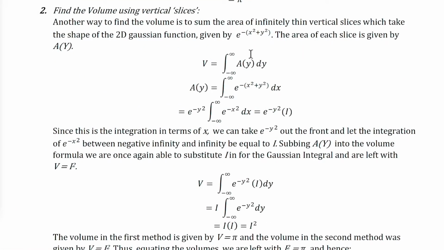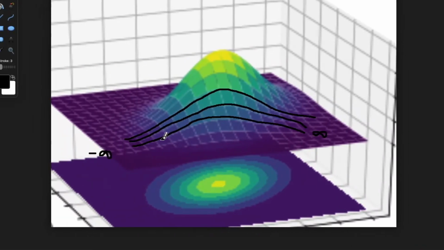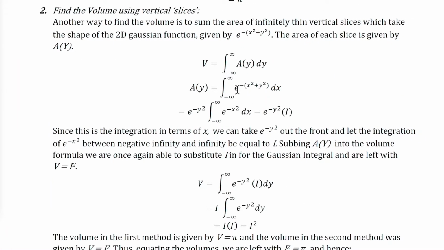So the equation here is each one of the surface areas of these vertical slices is given by the integration between negative infinity and infinity of e to the negative x squared plus y squared.